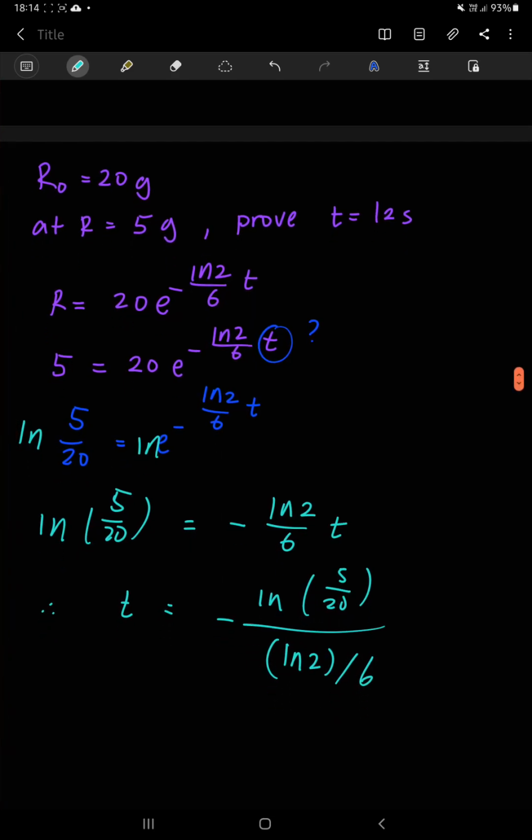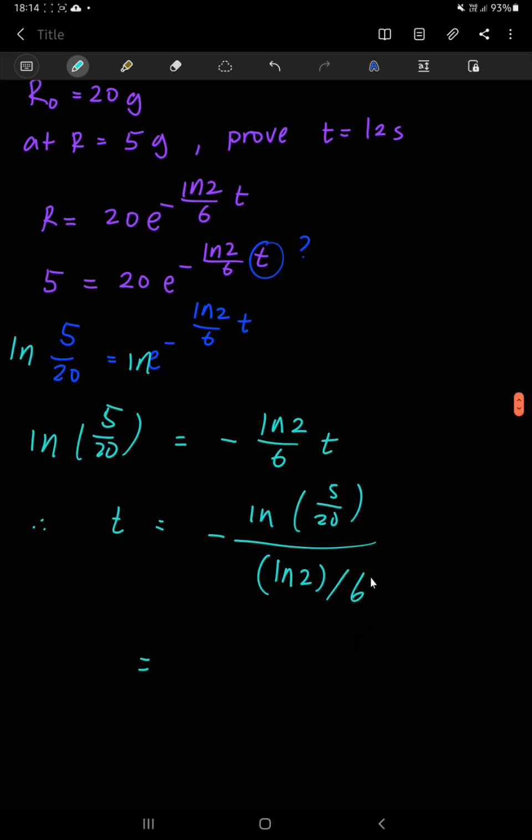This is equivalent to, moving the 6 to the top of the fraction, 6 times ln 5 over 20 over ln 2. So let me grab my calculator to confirm, which should be 12.